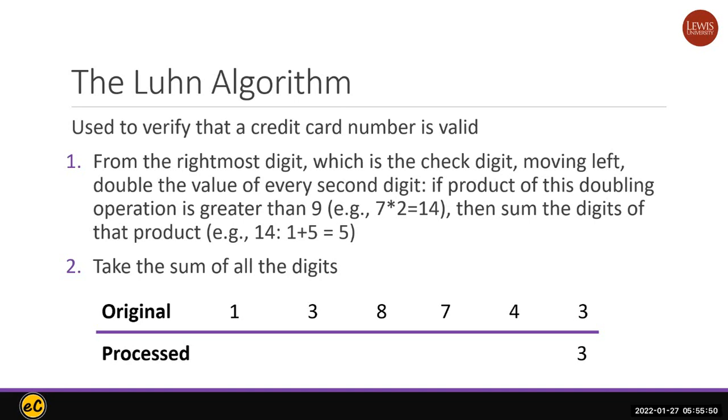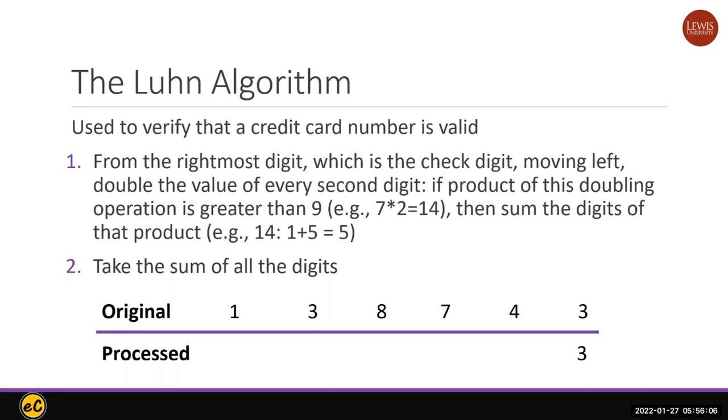If the product of this doubling operation is greater than 9, then you sum the digits of the product. Then take the sum of all digits.